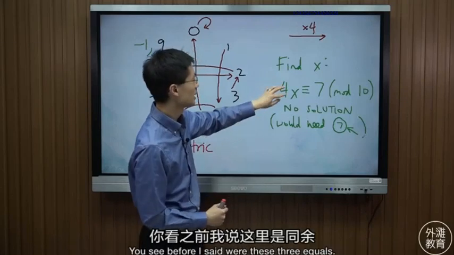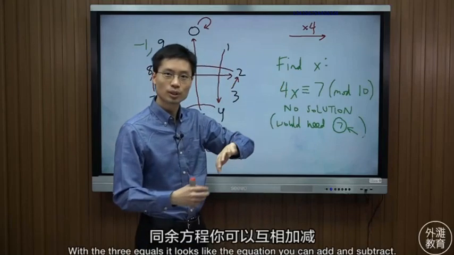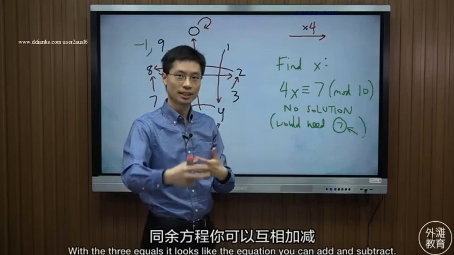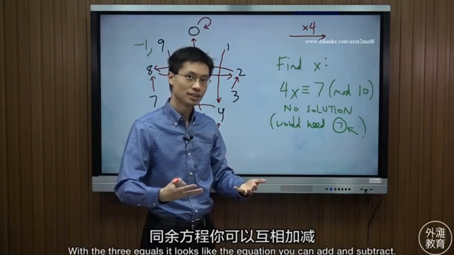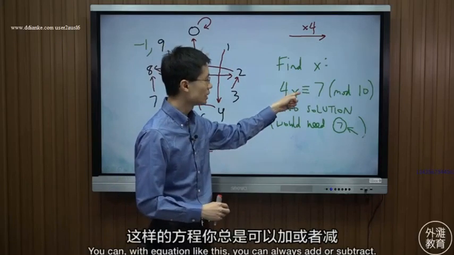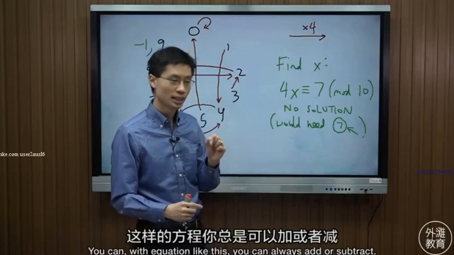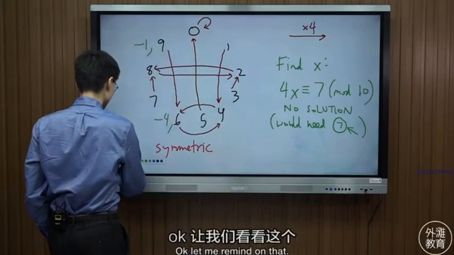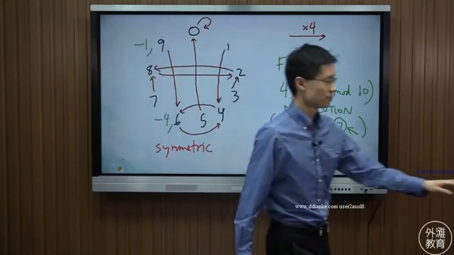You see, before I said with these 3 equals, it looked like equations that you can add and subtract. You can. With equations like this, you can always add and subtract. Okay, let me remind on that.